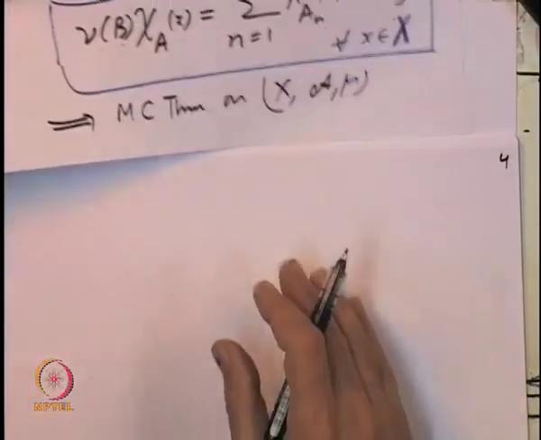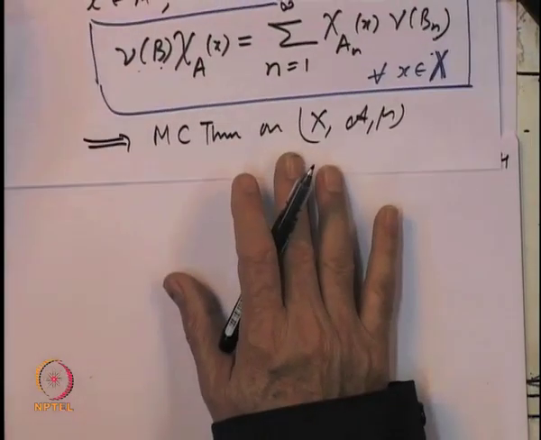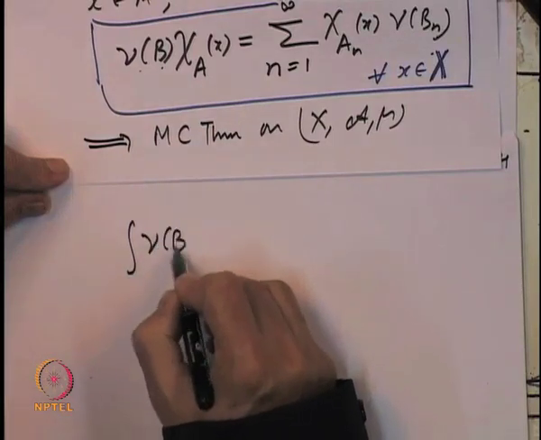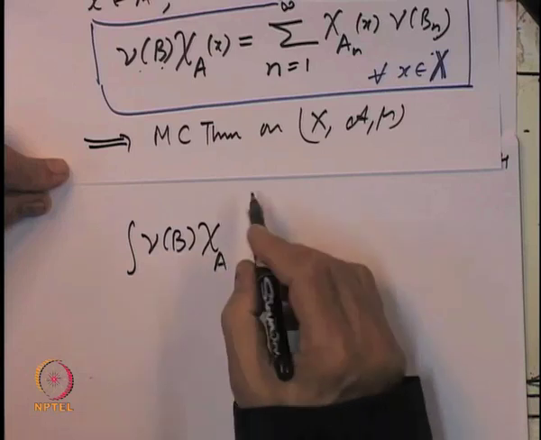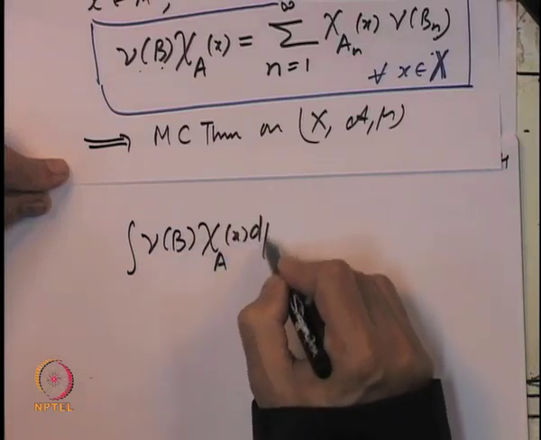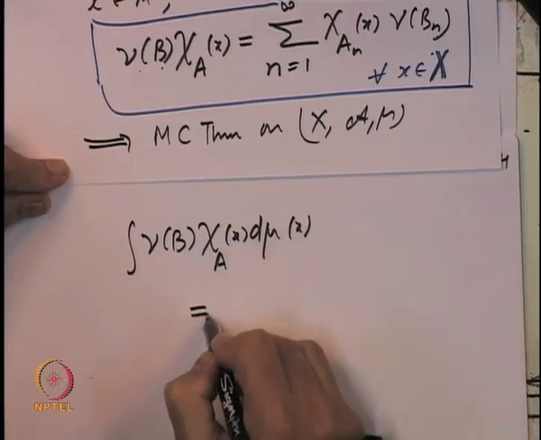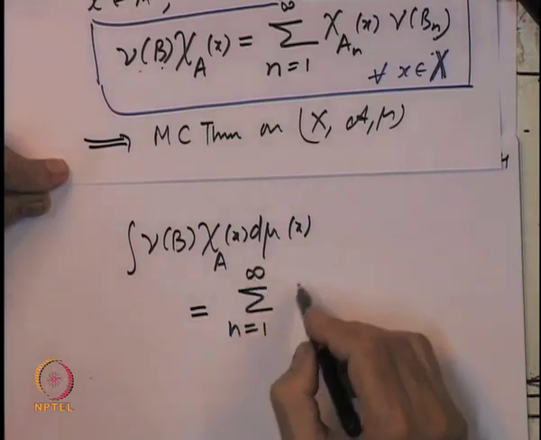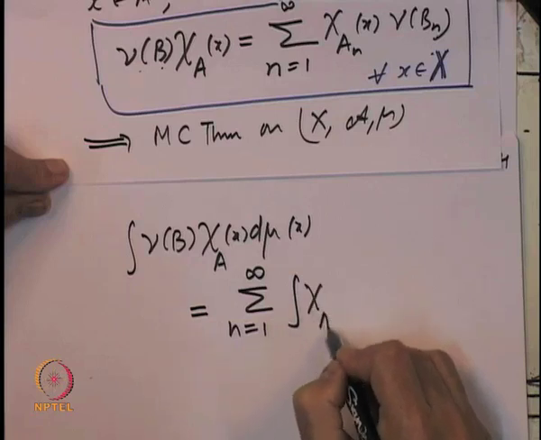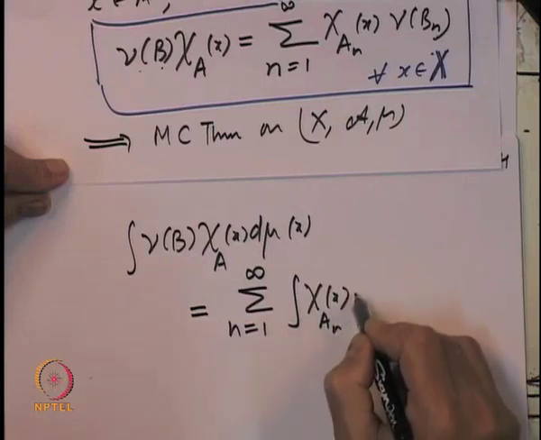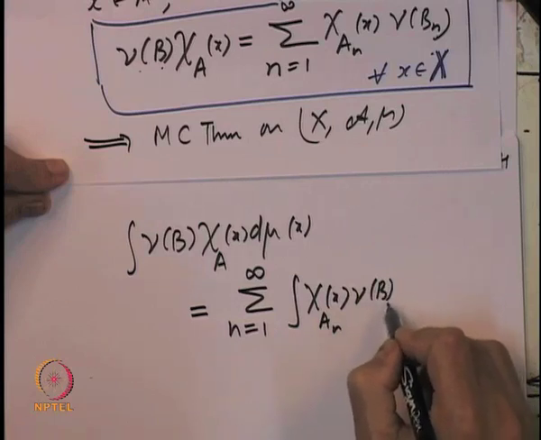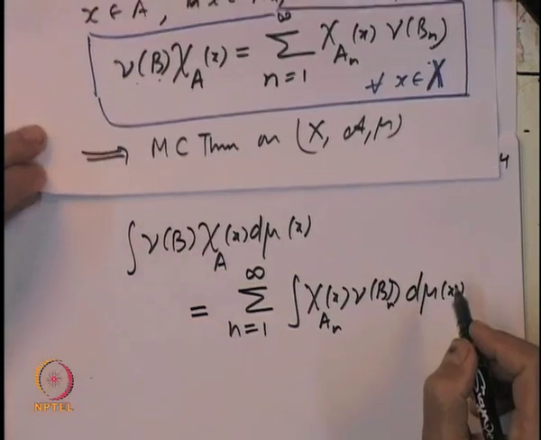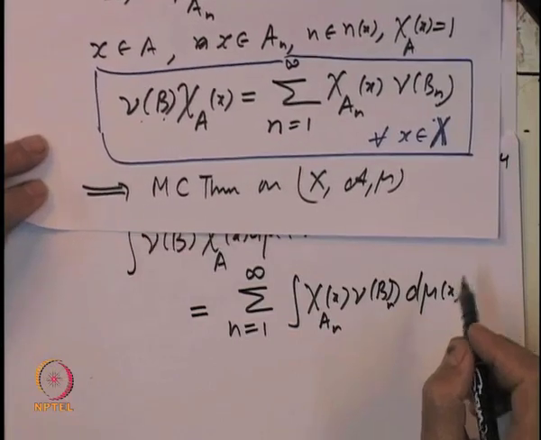So, an application of the monotone convergence theorem to this equation star gives me that the integral of the indicator function of A, nu of B, d mu x, can be written as summation n equal to 1 to infinity of the integral of the indicator function of A_n times nu of B_n, d mu x.